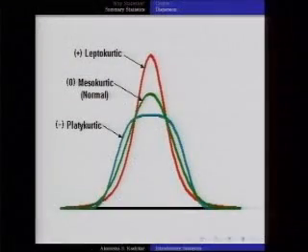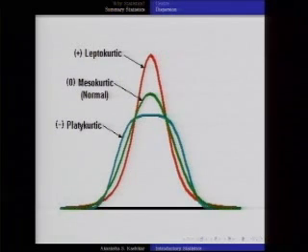On the basis of vertical spread, there are again three types. The one which has a very high height and is slender is known as leptokurtic. This vertical thing is measured through something known as kurtosis. If the kurtosis is high, it means that the height is very high whereas the spread is comparatively low.